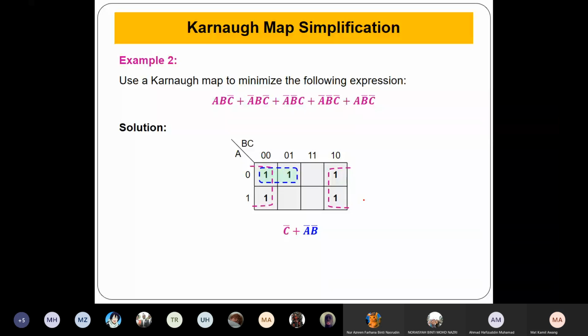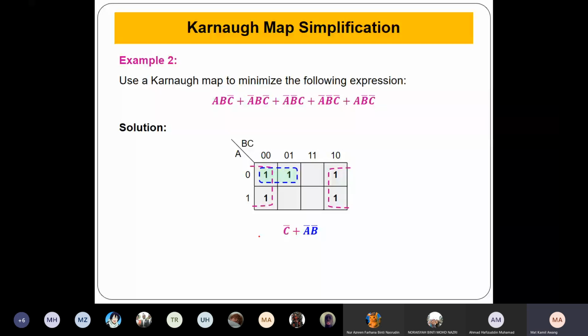First step, you construct the Karnaugh map, which is a 3-variable Karnaugh map. Variable A is on the horizontal, then BC is on the vertical. A is 0, 1, BC is 00, 01, 11, 10. So you draw a box.